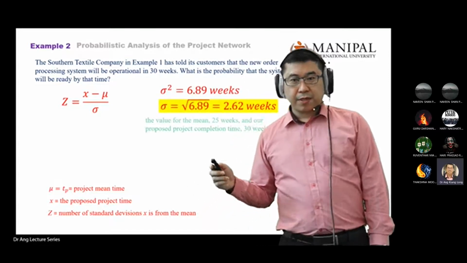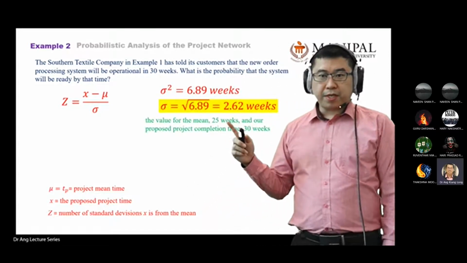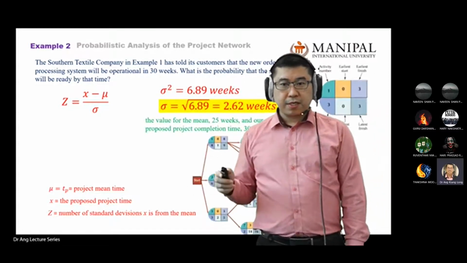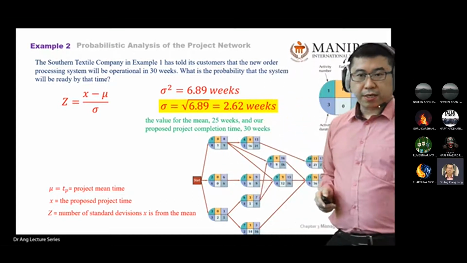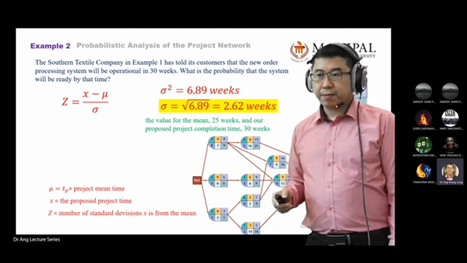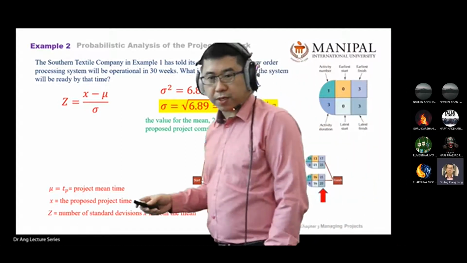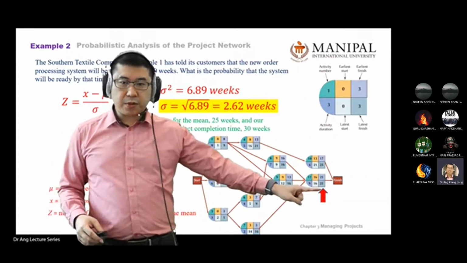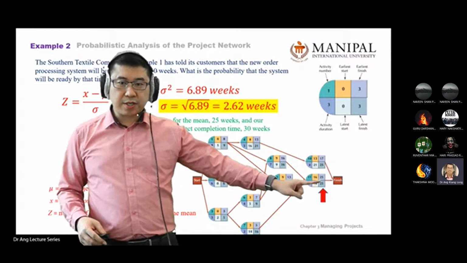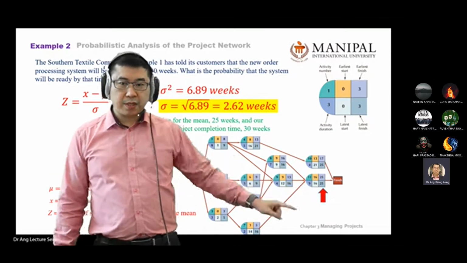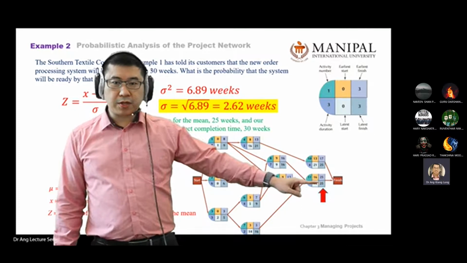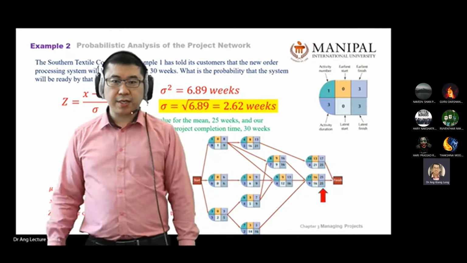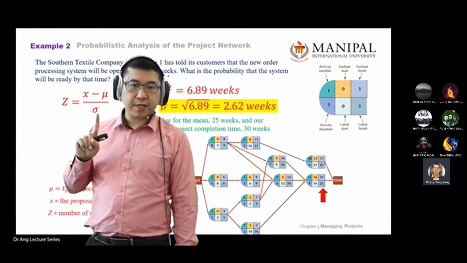So your mean is 25 weeks. From the diagram itself, you know that the last station here is 25. So this is the mean time that you use in the calculation, right?